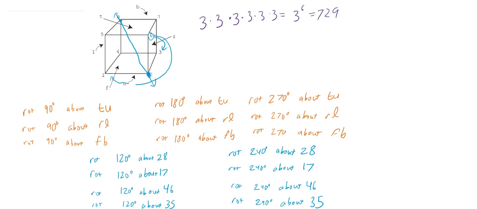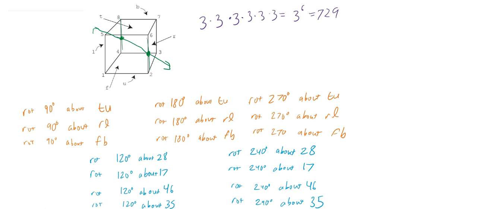There's another axis rotation I could do that I haven't listed. I could do an axis rotation that passes through the midpoints of opposite edges. So say I look at the midpoint of this side 2, 6, and I look at the midpoint of this side 4, 8, and I do a line that goes right through those midpoints, and I rotate 180 degrees about that line.